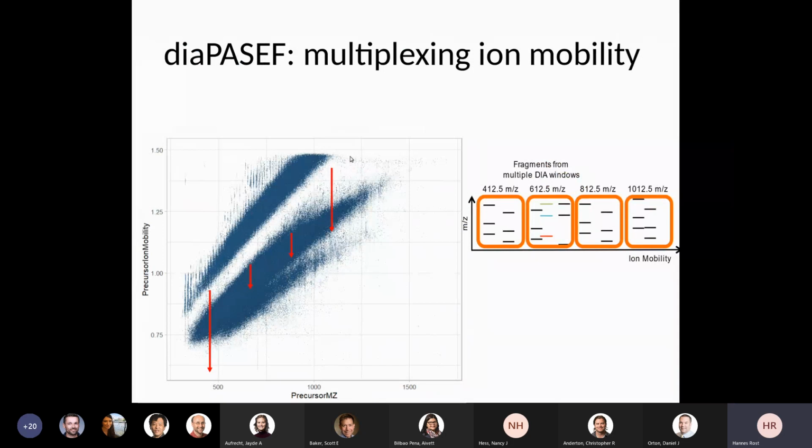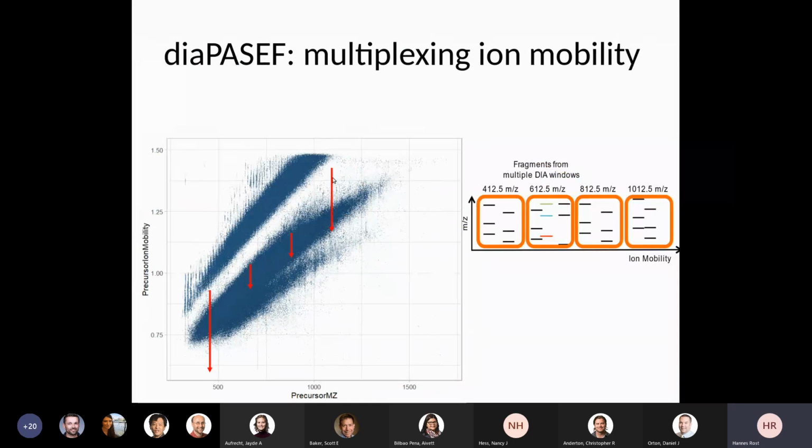In the beginning, when the large ions elute from the ion mobility trap, the quadrupole would be set to an isolation window that is high in mass to charge, for example 1000 to 1025.